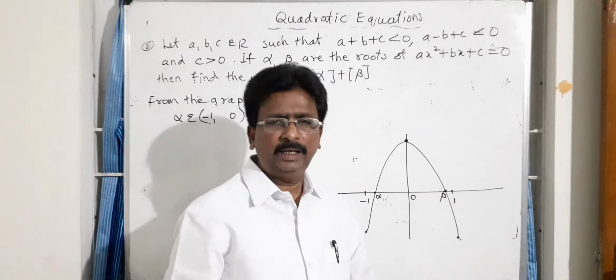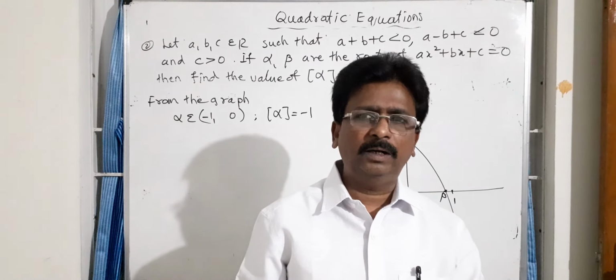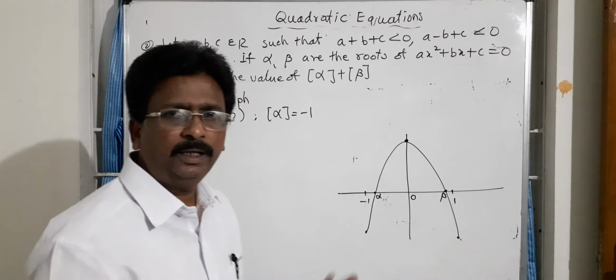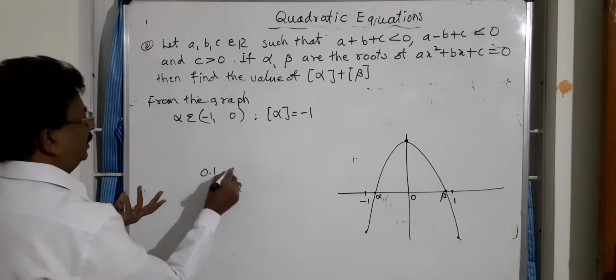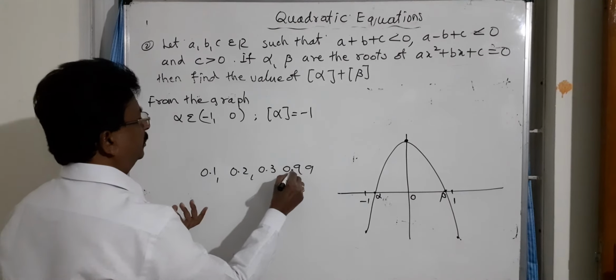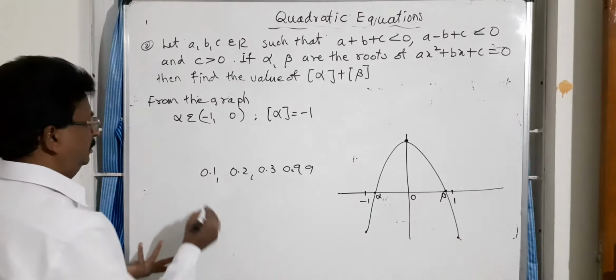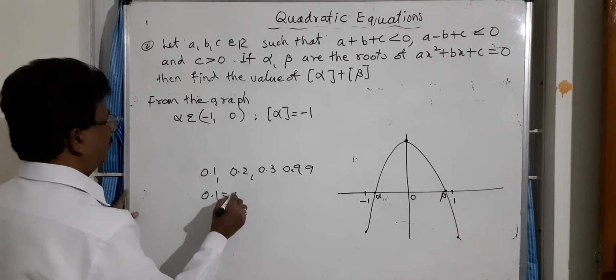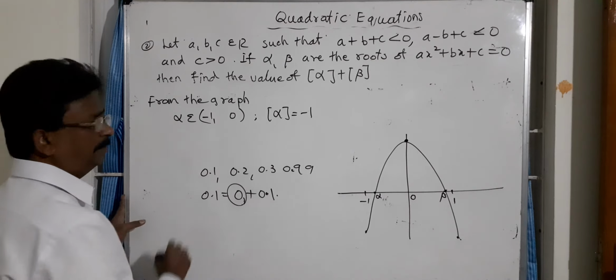Where does beta lie? Between 0 and 1. For any number between 0 and 1, say 0.1, 0.2, 0.3, 0.999, their integral part how much? 0.1 we can write as 0 plus 0.1. Now this is integral part.